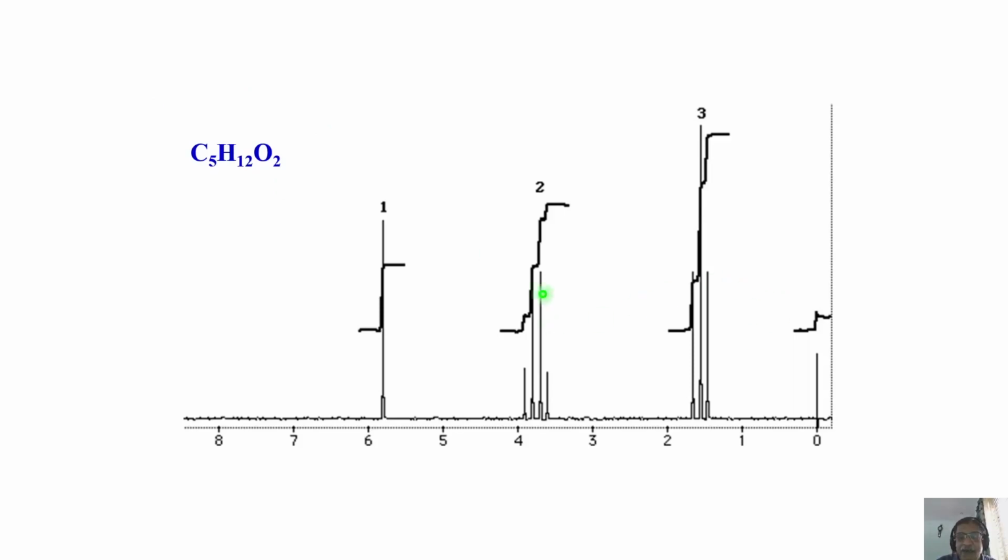There is a CH3 group, there is a CH2 group, and some uncoupled proton. It need not be OH, it could be CH or something else. So how do you now tell me the structure of this molecule? In this case, I'll give you the structure. This is the structure of the molecule. Look at the structure. There is a perfect symmetry along this axis.